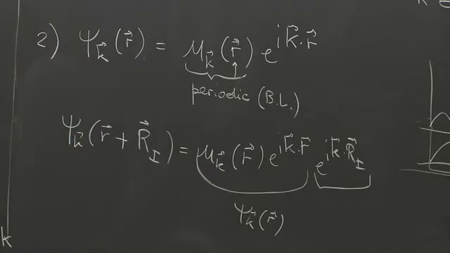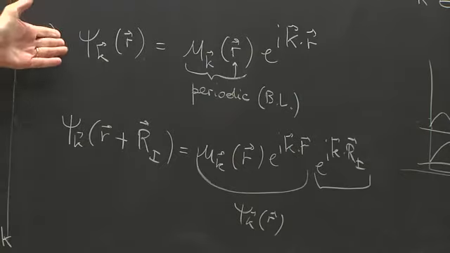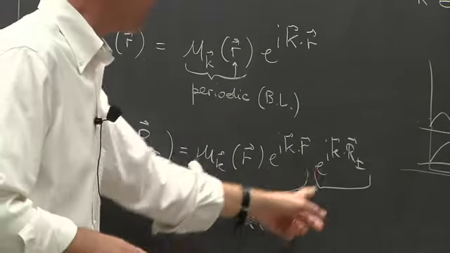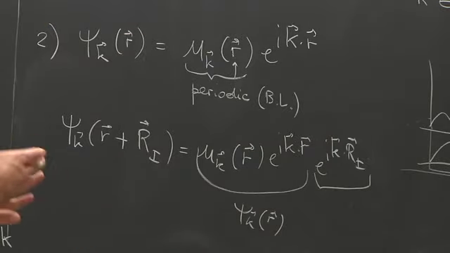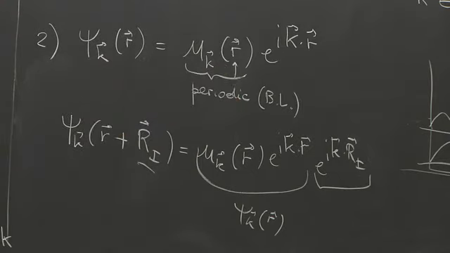So Bloch's theorem is precisely a statement about the residual symmetry property of the wave functions, which is a consequence of the translational symmetry of the potential. It's essentially this statement here, or if you wish, this one. That is, the wave function acquires a phase which is proportional to the vector we use to shift the function itself.